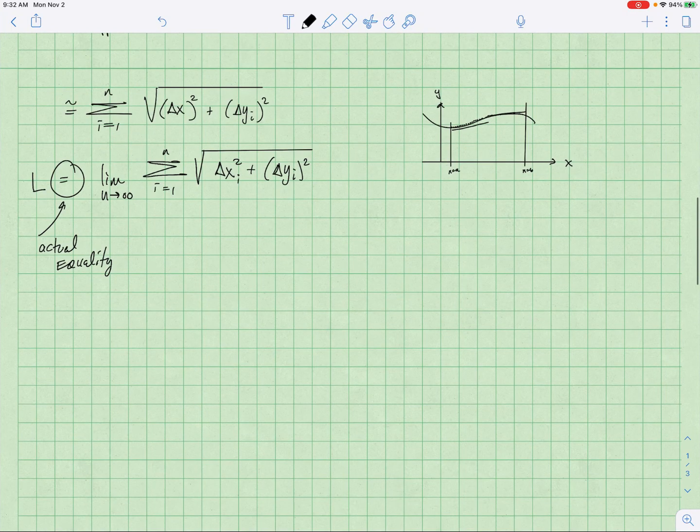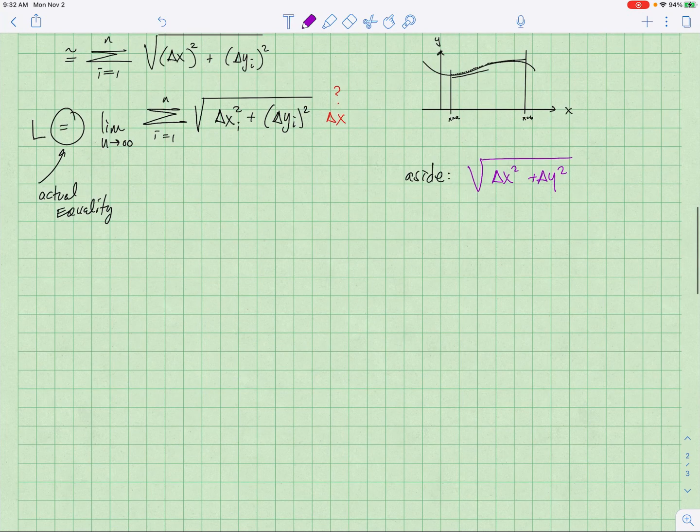And that is almost the definition of a definite integral. I got to do a little bit of manipulation here. So aside, in order to turn that into an integral, I really need to have a delta x on the outside, and I don't have that. So what I'm going to do here is take delta x squared plus delta y squared, and I'm going to factor it.